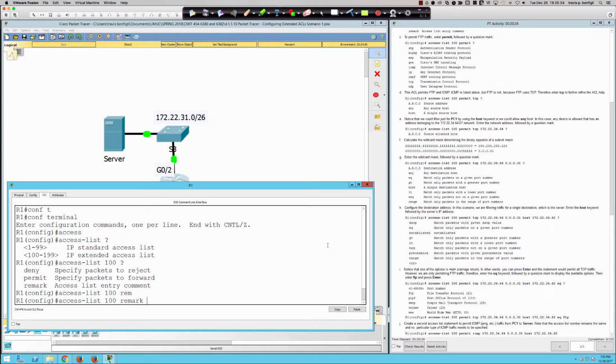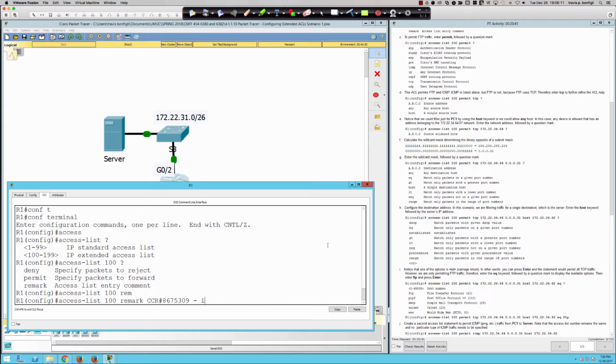So if I was to do this, I would say remark, and then I could put, you know, CCR number 8675309, and then maybe the date 12/26/2017, and then maybe the user ID, and then allow FTP, right? Whatever the case may be.